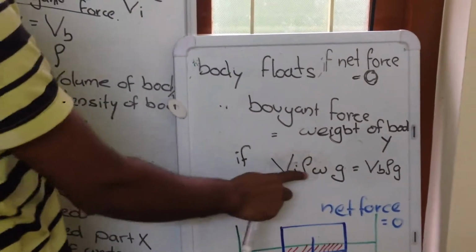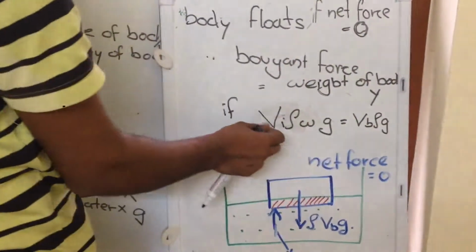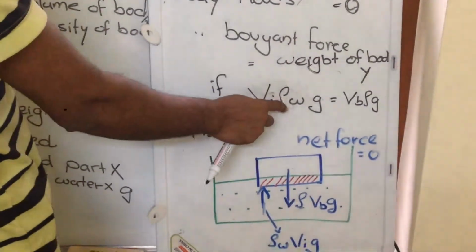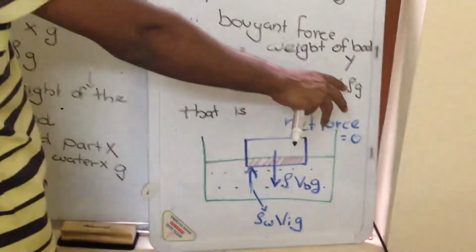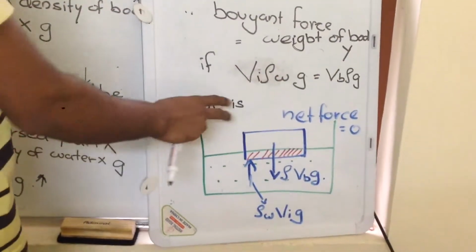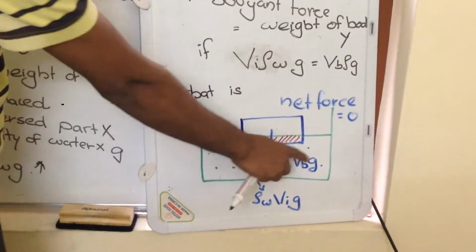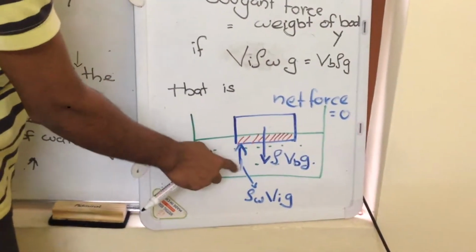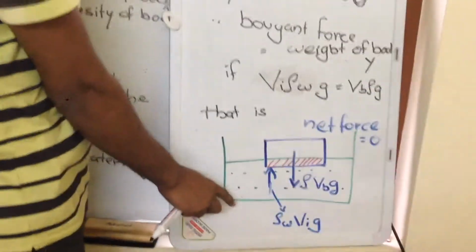That is, Vi rho_w g is equal to Vb rho g, where Vi is the volume of the immersed part, rho_w is the density of water, and Vb and rho we have explained earlier. So the net force is 0. The weight rho Vb g acting downward is equal to the buoyant force rho_w Vi g acting upward.